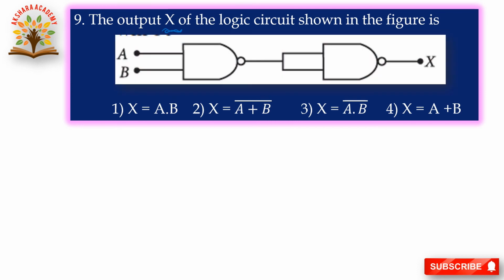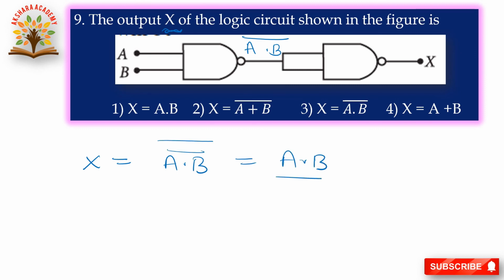This is A, B, and here it is A dot B. Now the output X of the logic circuit is X equal to A dot B bar, which is equal to A dot B. So A bar dot B, A dot B bar is equal to A dot B. So the first option is correct. Okay, next we will go to the next question.